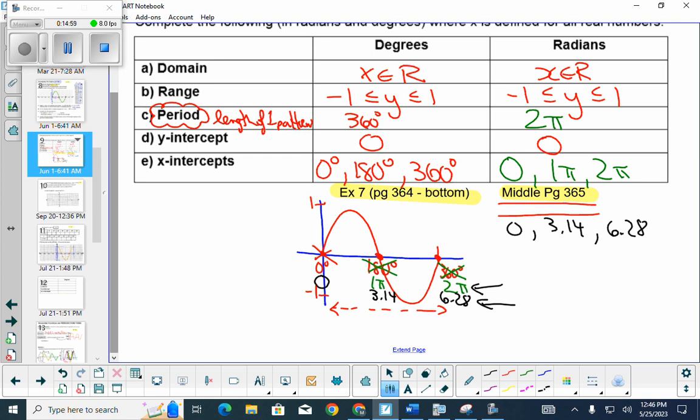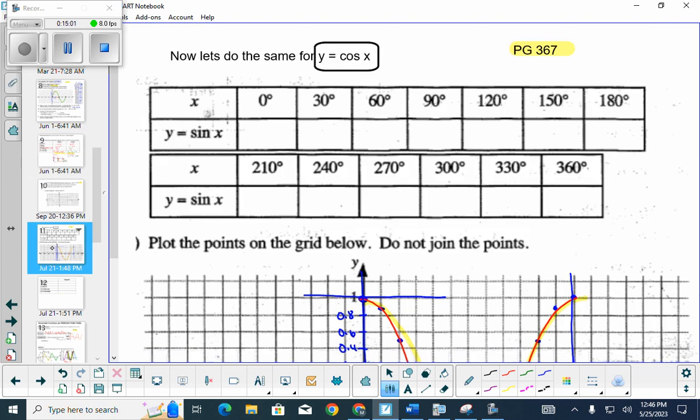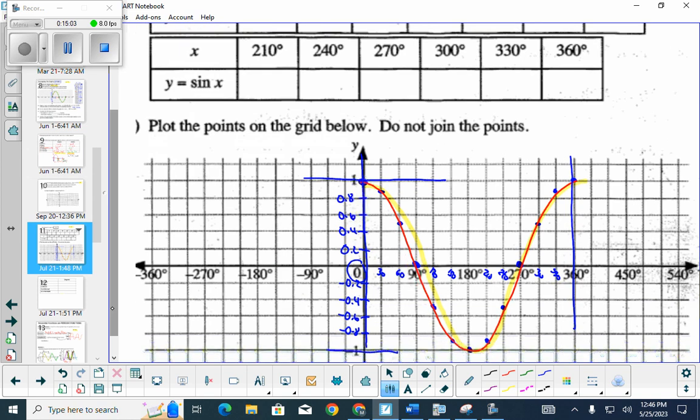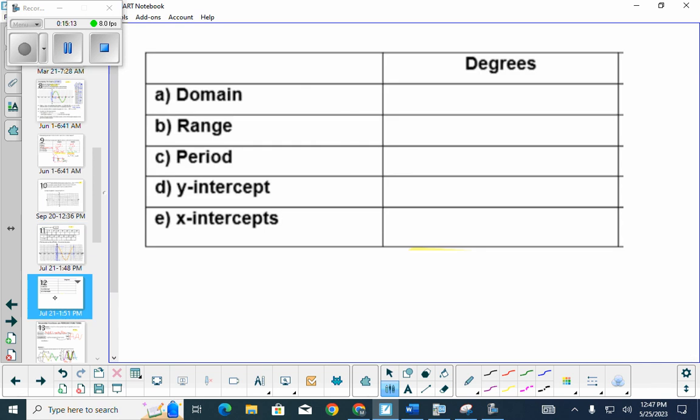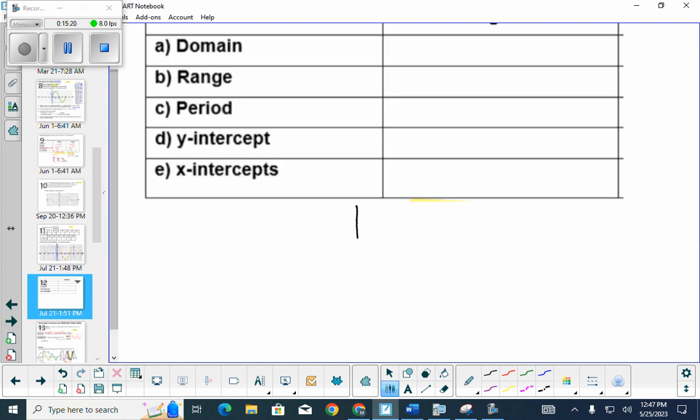Okay, let's do the same thing, but with this picture. Okay? So this picture was page 367. So I'm assuming right under it, because I didn't change the page number, we have this. Okay? So you have, for the cos graph, it looked like this.